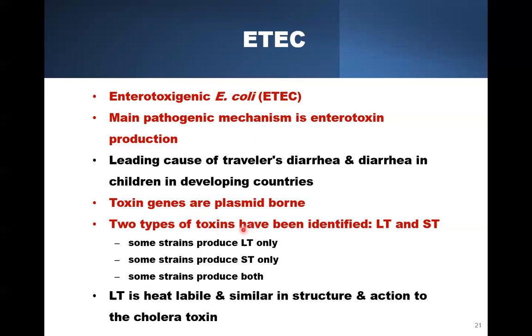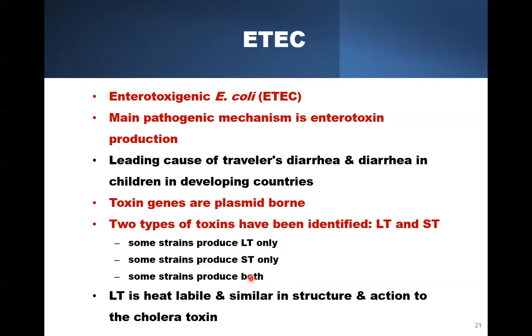Now, there are two types of toxins, the heat-labile and the heat-stable. Some strains produce just the heat-labile toxin, while others produce the heat-stable toxin, while some strains can produce both. So I guess it depends on the plasmids that are passed on to the different strains.